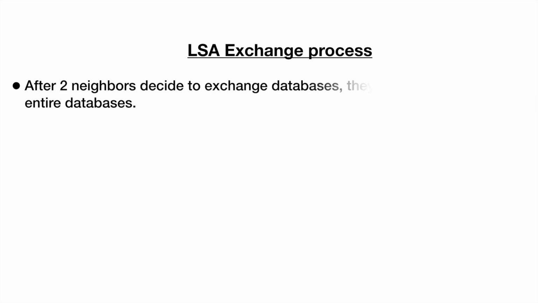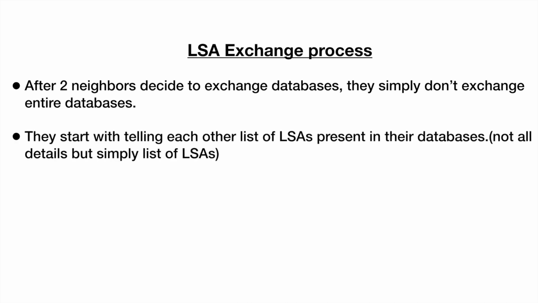Let's take a look at how the LSA exchange process works. After two neighbors decide to exchange databases, they do not exchange the entire database. Rather, they start telling each other the types of LSAs present in their databases.